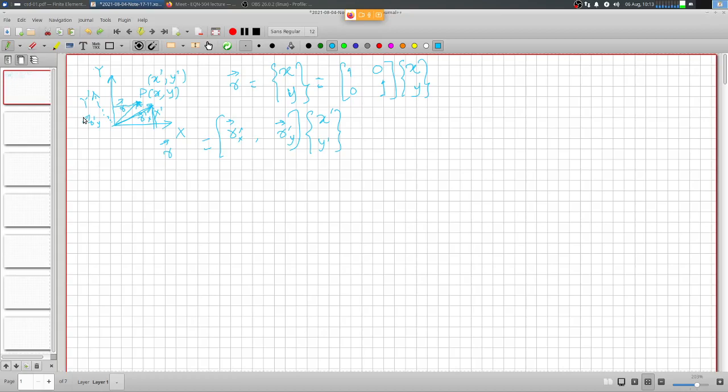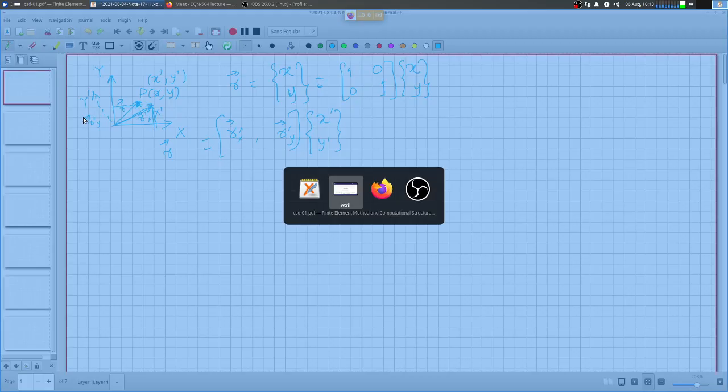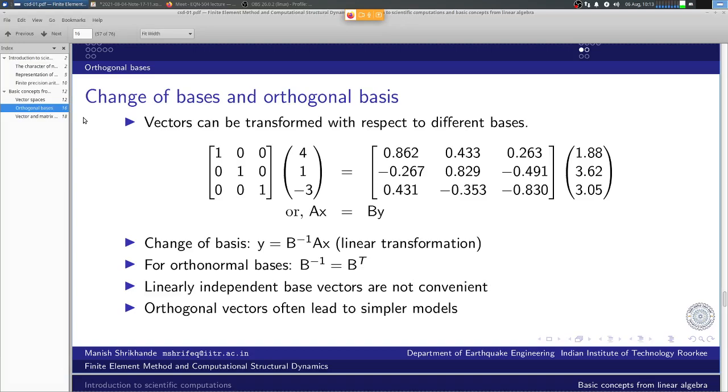So what you see here, these are the coordinates, these are the projections of this new base vector along the x direction, along the y direction and along the z direction, or this is the dot product of this new base vector along i, j and k. So these are the three base vectors which have these components along x, y and z directions.